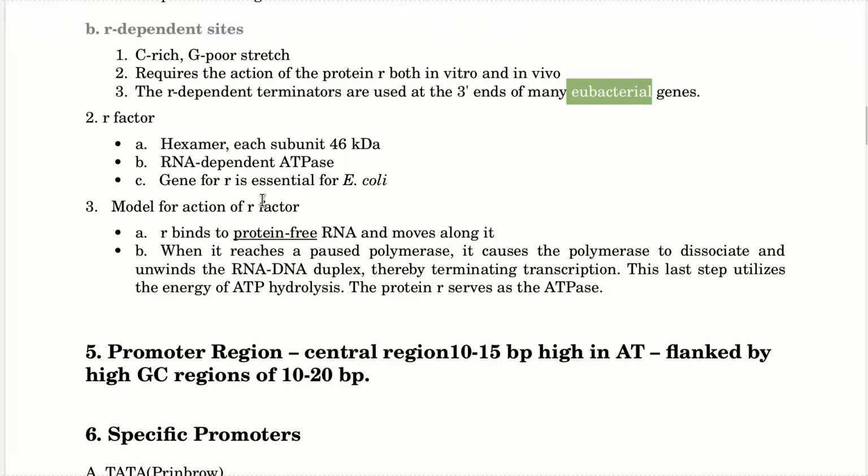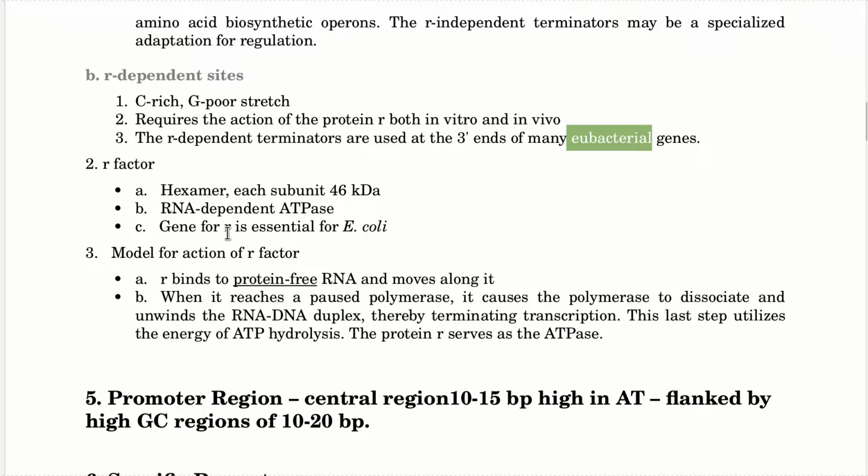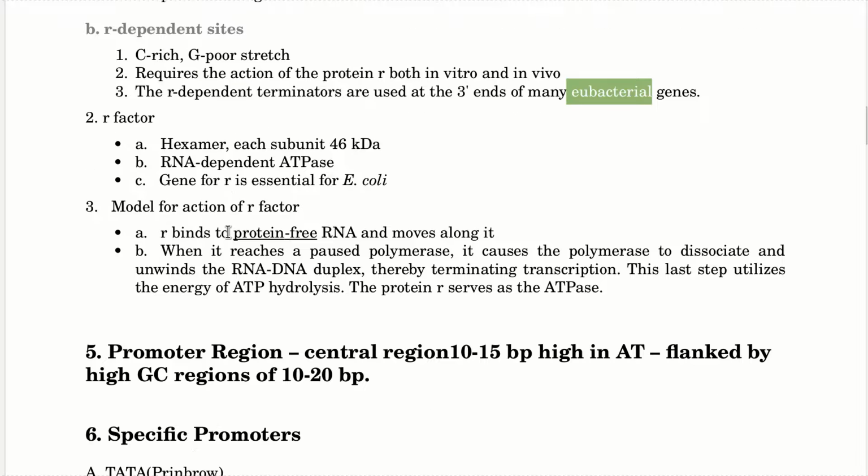There is also a rho factor. It uses ATP. This is for genes that you have to regulate a little bit more intensely than just a regular terminator. Not important for us, but know that it might be necessary, it may not.